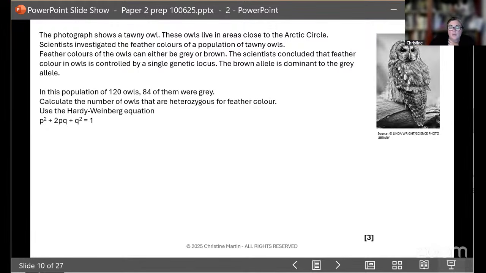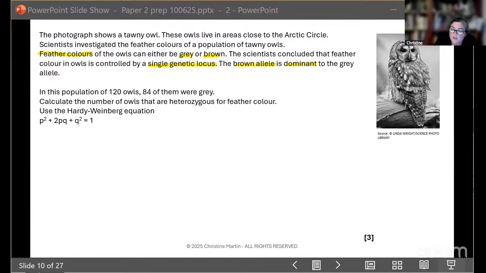So here you have a picture that's talking about this tawny owl. You're being told some information. So let's just look at what they tell us. They've told us we've got feather colors and they can either be gray or they can be brown. We're told that they're controlled by a single gene locus, and we're told that the brown allele is dominant to the gray.